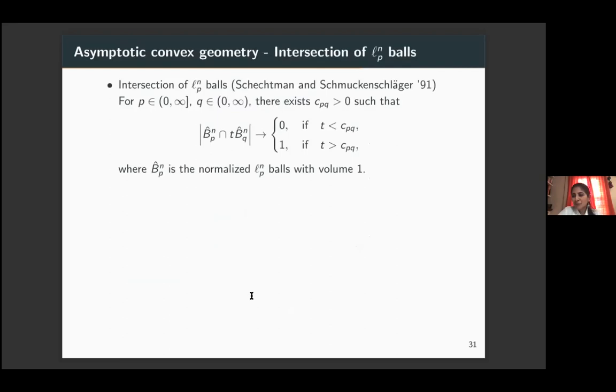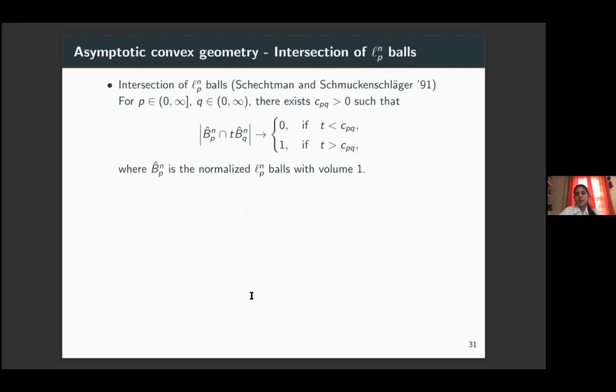But before I do that, I wanted to explain, going back to the particular case of LP balls, this kind of question of understanding how intersections behave goes back to Schechtman and Schmuckenschläger, and Schechtman and Zinn, and then Schmuckenschläger.